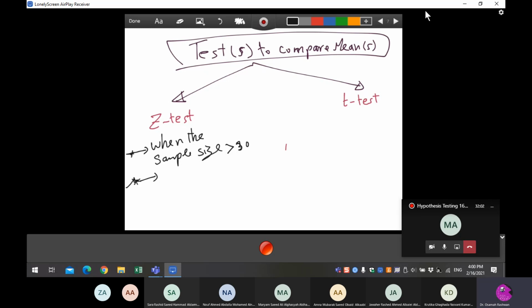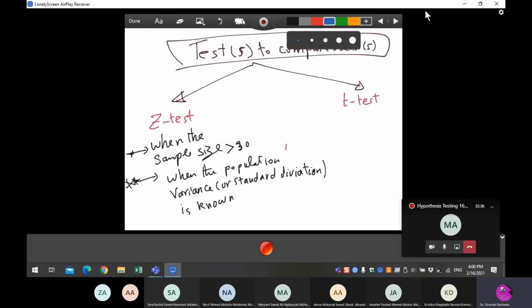The second case, when the population variance or standard deviation is known.